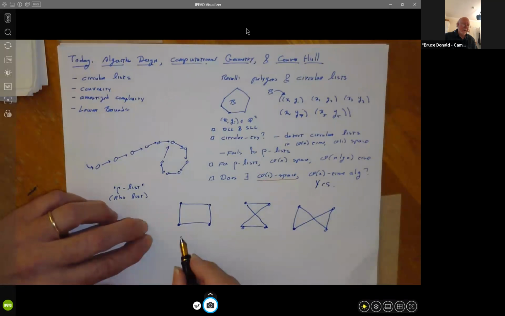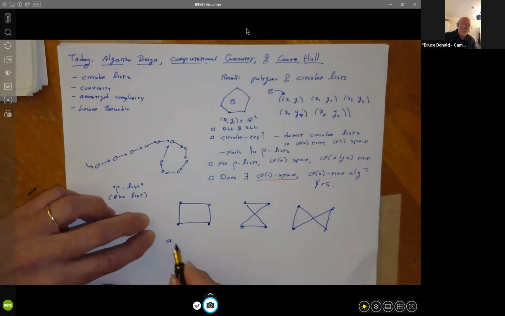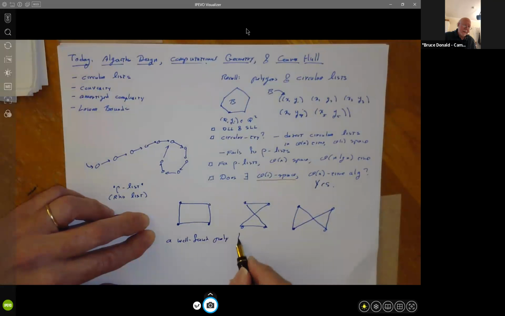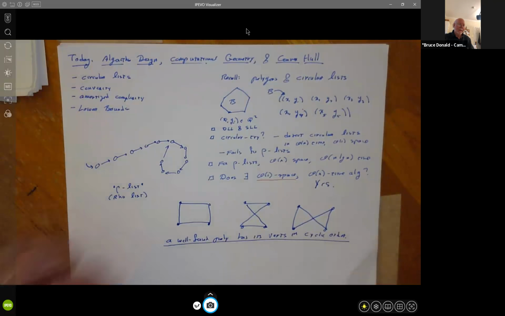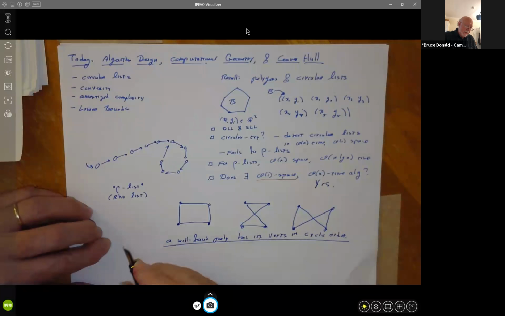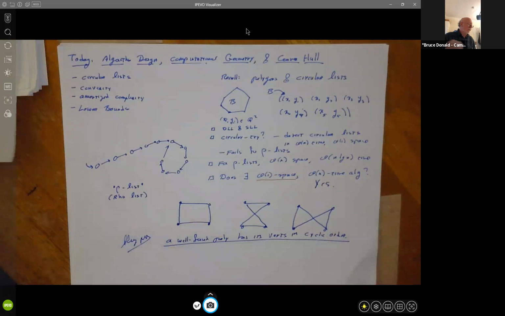So the way we phrase this mathematically is a well-formed polygon has its vertices in cyclic order in the way it should be as a geometric shape. So we're not going to do those things. The order is a key point. And I mentioned this because otherwise we can definitely get into trouble.